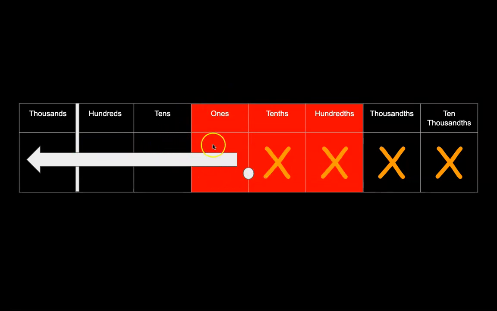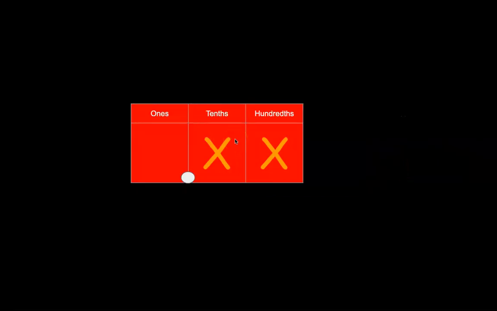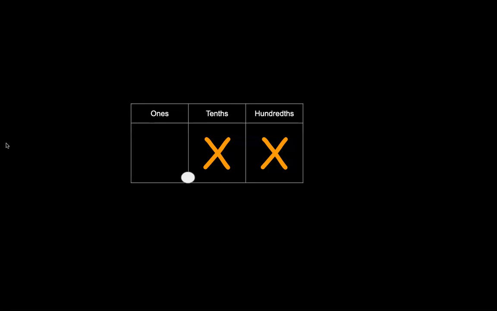I do introduce this column every now and again, but you know whole numbers by now. So we're going to ignore all of the columns going that way and all the columns going that way, just for purposes of our learning here. So there's your ones, tens, hundreds, thousands. And we are going to have a look at the columns.